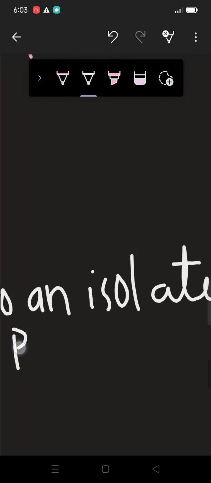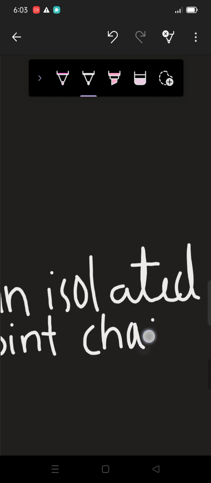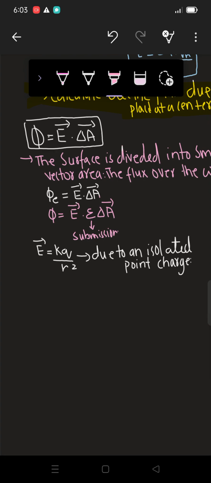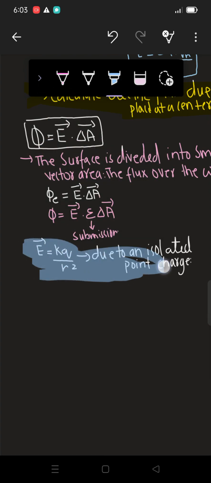So due to an isolated point charge, the electric field intensity we got was kq over r square.